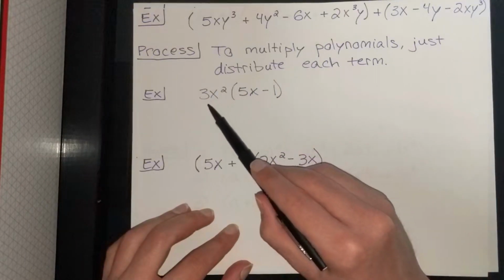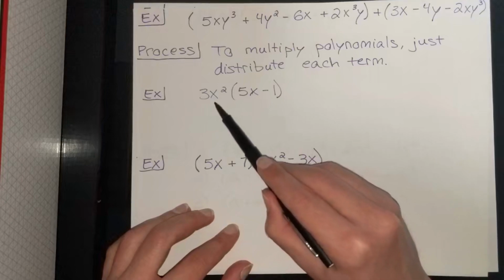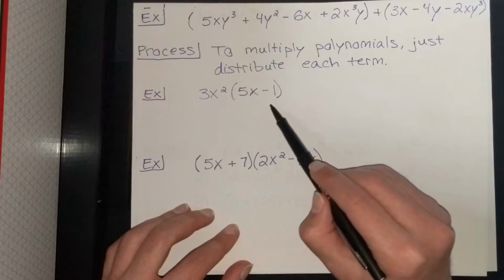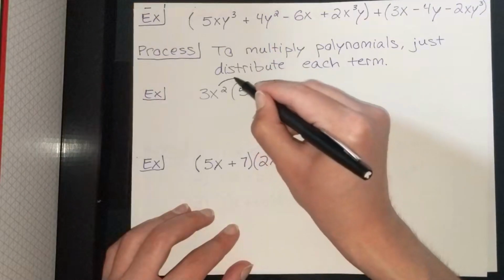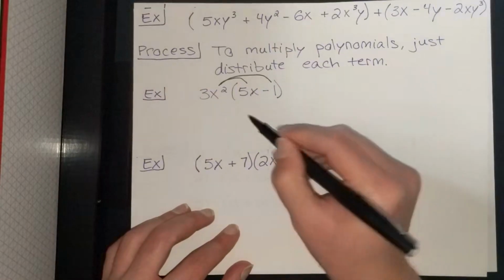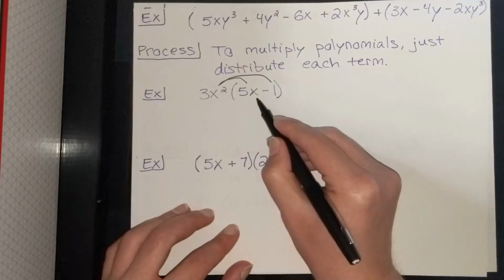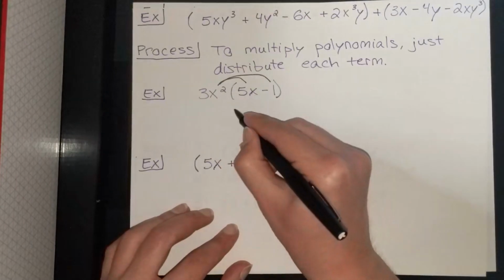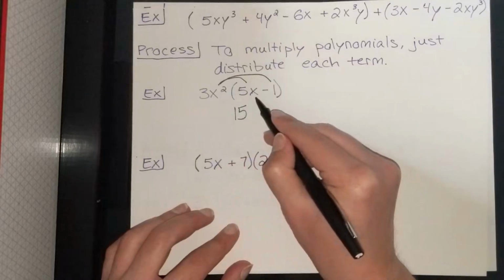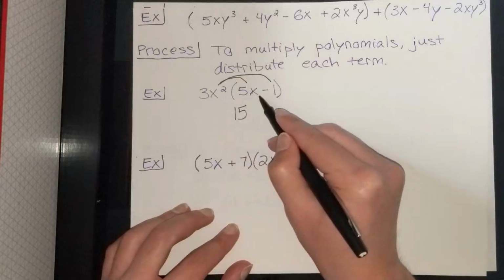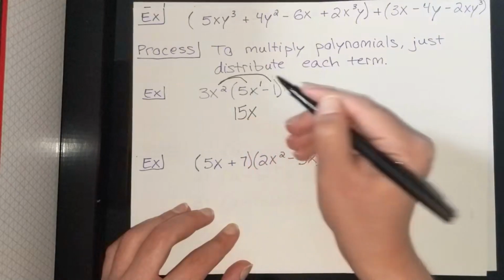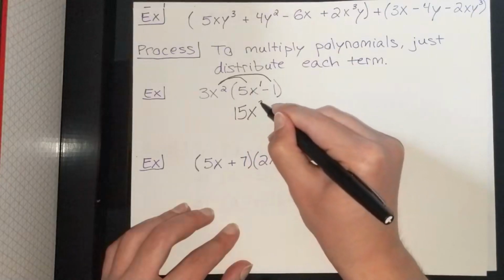We're going to take 3x squared, this polynomial, and distribute it to 5x minus 1, this polynomial. When we distribute it to each term that's being subtracted, 3x squared times 5x, well, 3 times 5 gives us 15. X squared times x, remember when you multiply with the same base, you add the exponents, so 2 plus, there's technically a 1 here, 1 gives us 3.